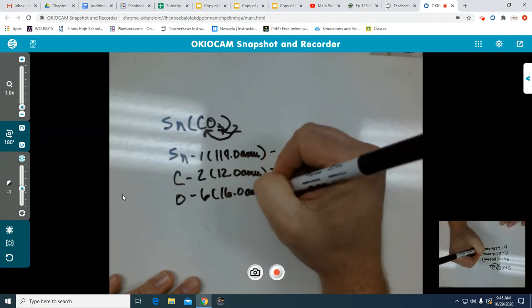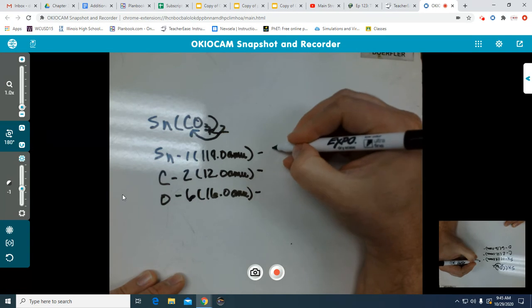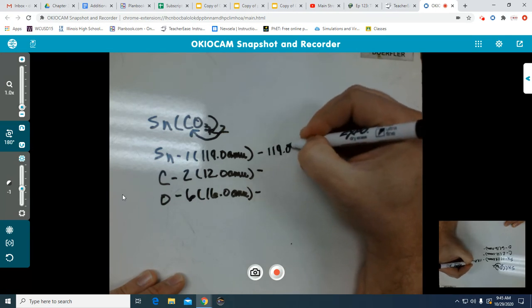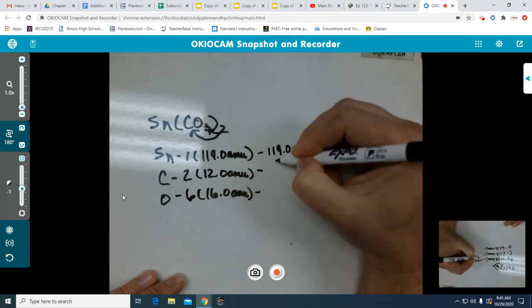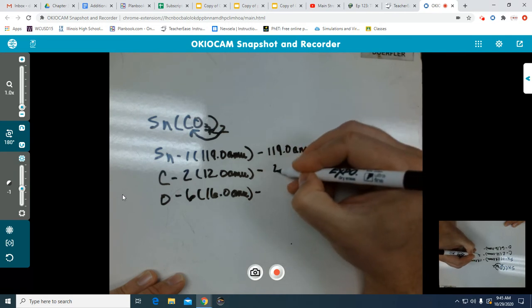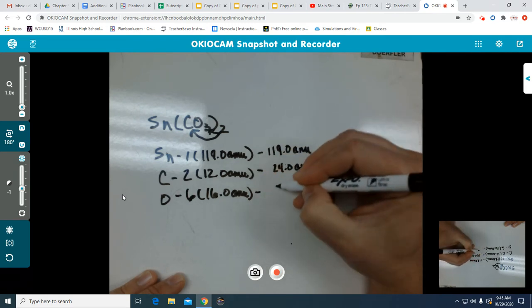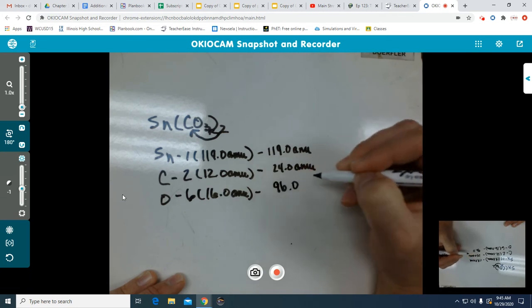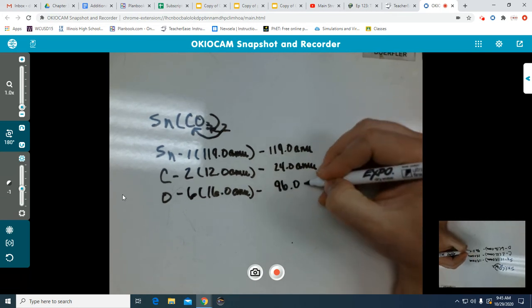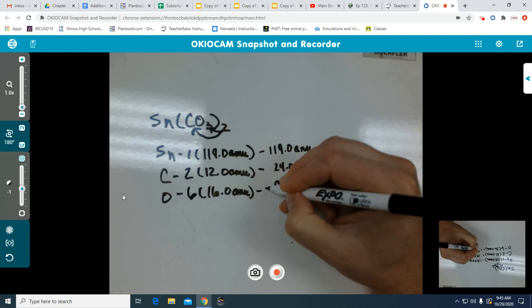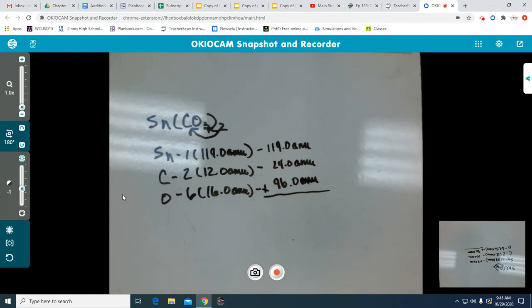So let's go ahead and multiply these through. So you have 119.0 AMU for tin. We're going to have 24.0 AMU for carbon, and we're going to have 96.0 AMU for oxygen. Sum them all together.